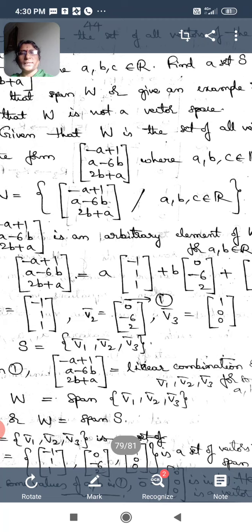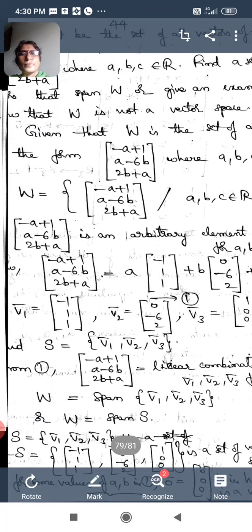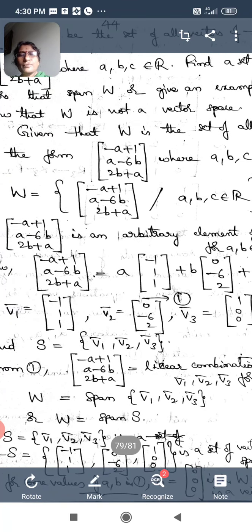We can say that every element of w can be expressed as a linear combination of v1, v2, v3. That means w is equal to span of v1 bar, v2 bar, v3 bar, and that means w is equal to span S, as S is the set v1, v2, v3.